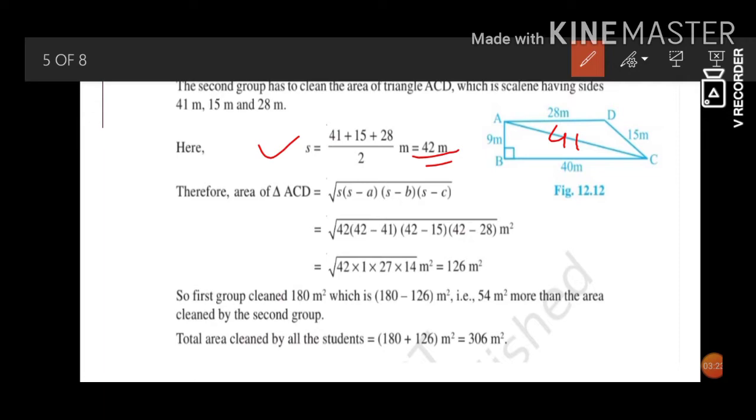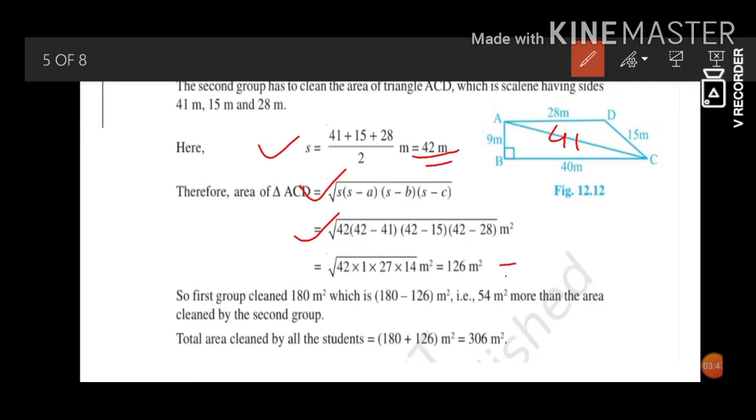Now to find the area, we will use Heron's formula. So we will write root under S into S minus A, S minus B, S minus C. So we will get root under 42 into 42 minus 41, 42 minus 15 and 42 minus 28, which will be 42 into 27 into 14.